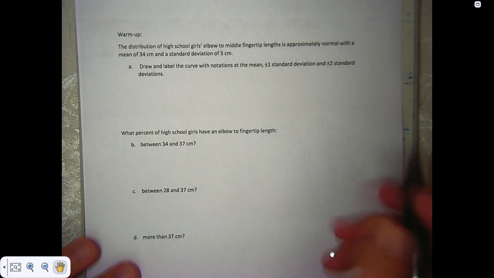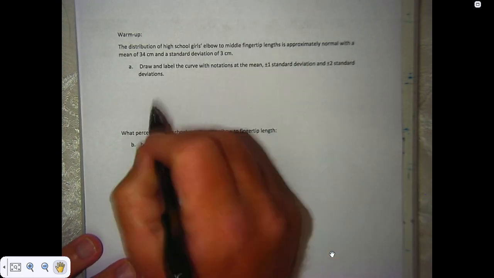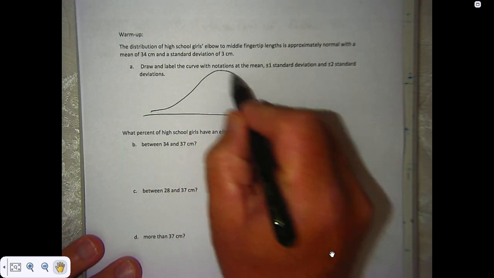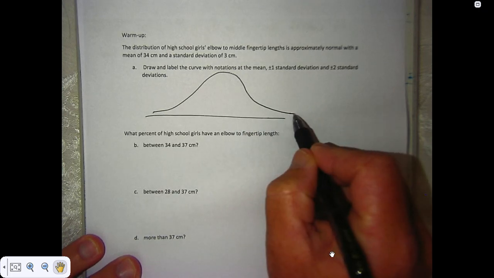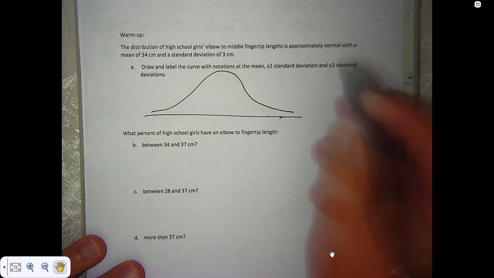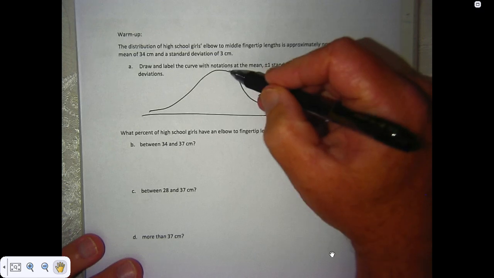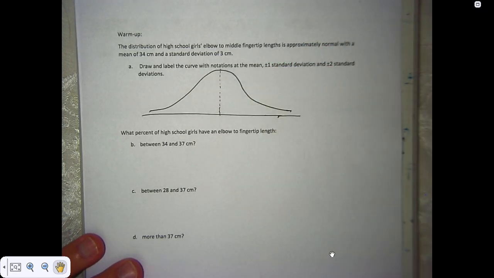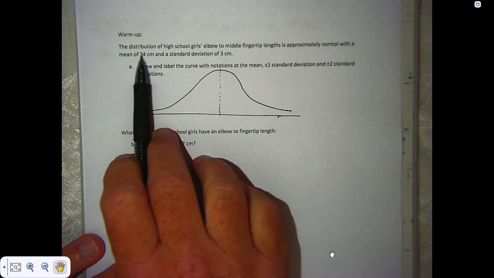Draw and label the curve. It's approximately normal, so this is a normal distribution. So we're going to have our normal distribution curve. It's symmetric, and like so. The mean is at the top in the middle. There's the mean, and that mean is going to be at 34 centimeters.